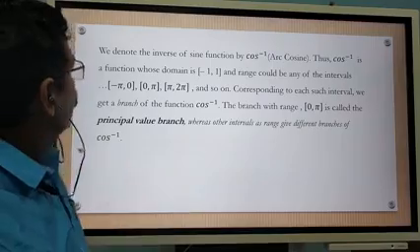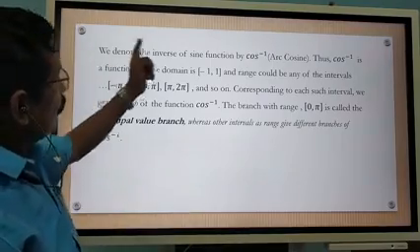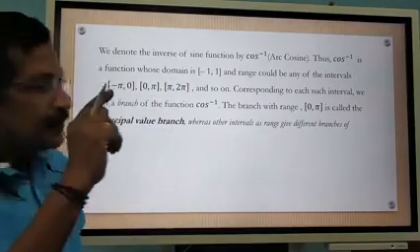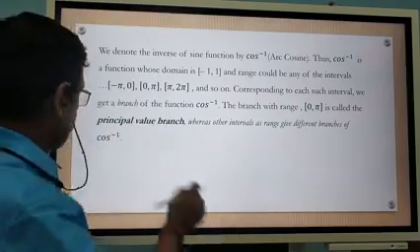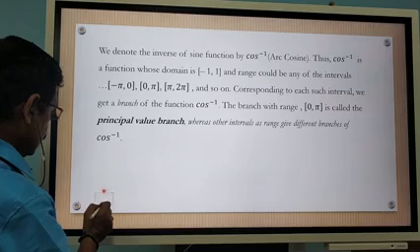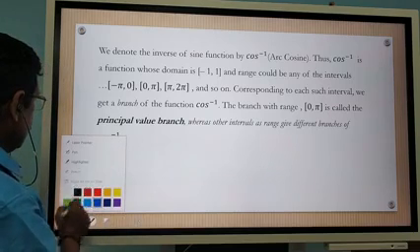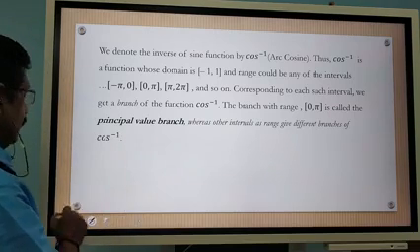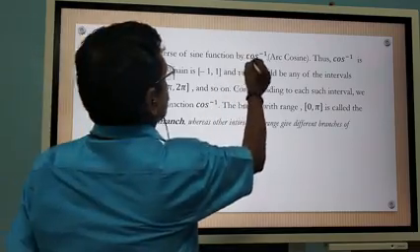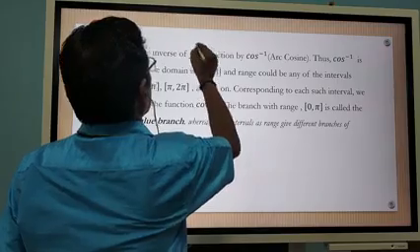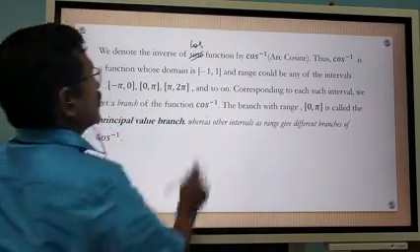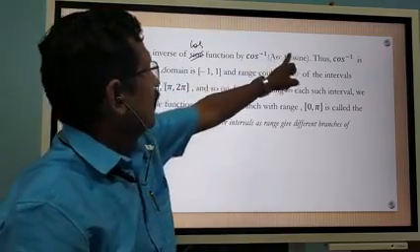This is again the graph. We denote the inverse of the sine function, sorry, the inverse of the cosine function. So there is a correction. This is not the sine function, it is cos. The inverse of the cos function is cos inverse, arc cosine.